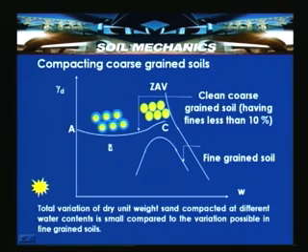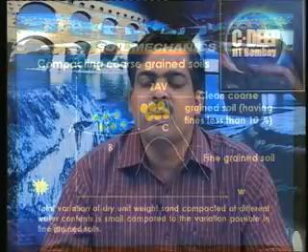So, this is what we explained in the previous class. These are the solid, uniform grain particles which are surrounded by water. Because of the capillary tensions developed with the water films surrounding the particles, they create something like an apparent cohesion, and because of that the soil exhibits low density or low unit weight.